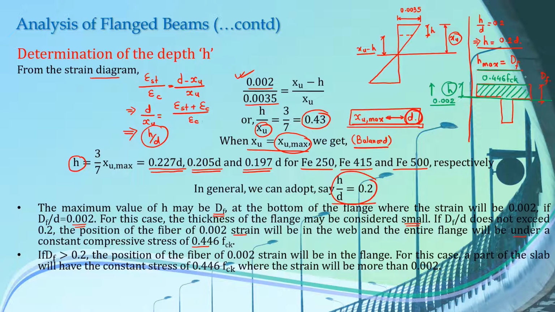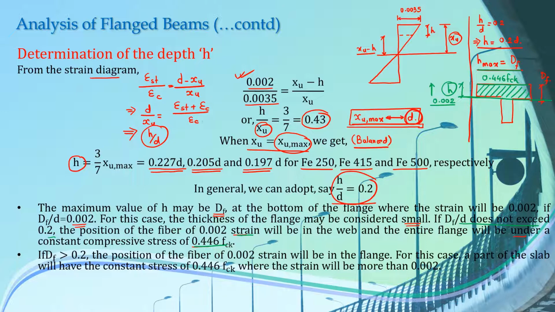So this is what it is trying to tell you. If Df by D does not exceed 0.2, the position of the fiber of 0.002 strain will be in the web, and the entire flange will be under a constant compressive stress of 0.446 FCK.